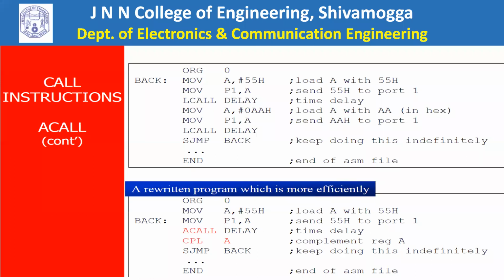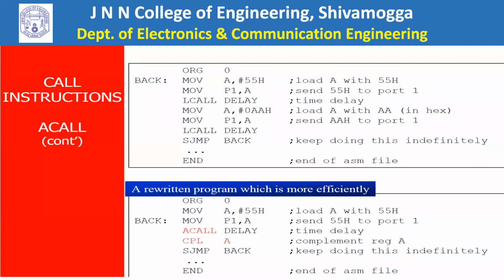Each and every instruction you select, you should be very careful. So it is a shorter, very pilot programming environment. Usage of LCALL is ruled out. You should not use it unnecessarily. So LCALL is replaced by ACALL.